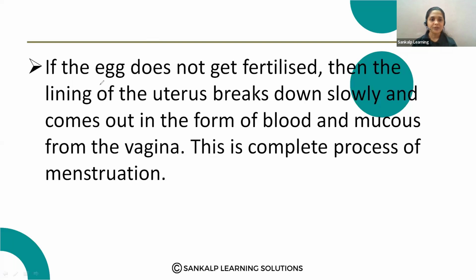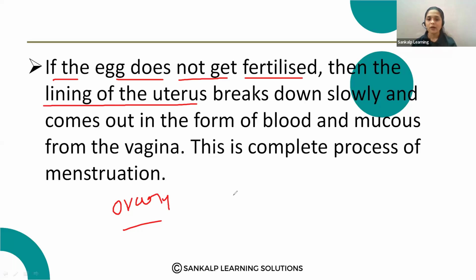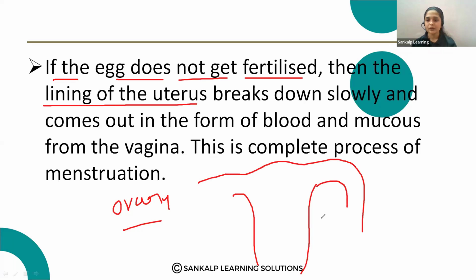In the female reproductive system, the egg is released by the structure called the ovary, right? If the egg released by the ovary is not fertilized, then the lining of the uterus... Every month the uterus prepares for the attachment of the embryo.